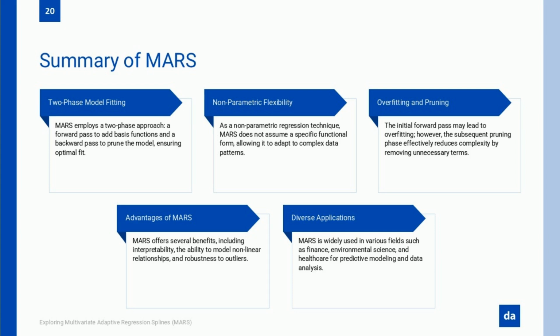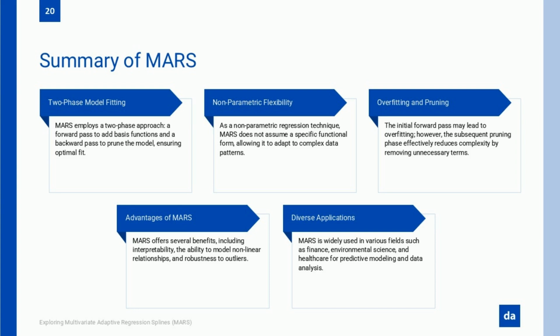At its core, MARS thrives on its two-phase process. The forward pass aggressively adds basis functions, searching for every possible pattern in the data. The backward pass then refines the model, pruning unnecessary terms to prevent overfitting and ensure generalization to new data. This combination allows MARS to be highly flexible, yet still manageable in terms of interpretability.